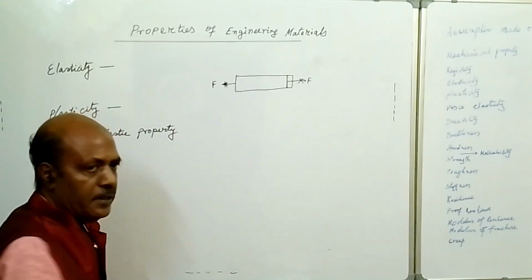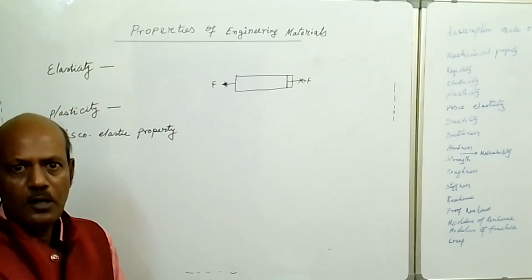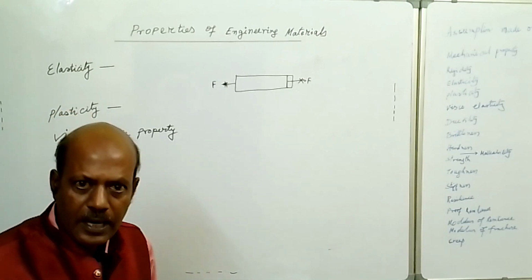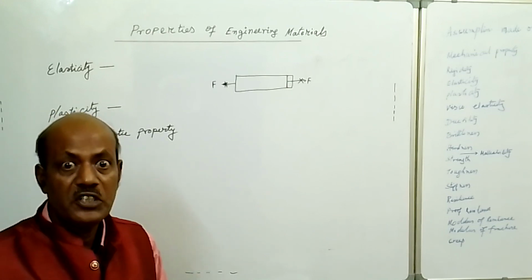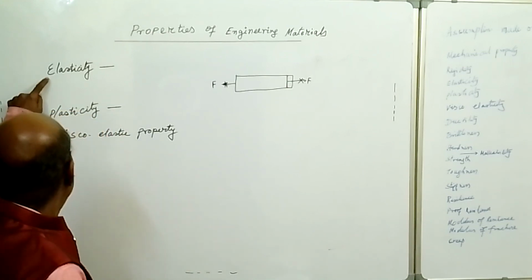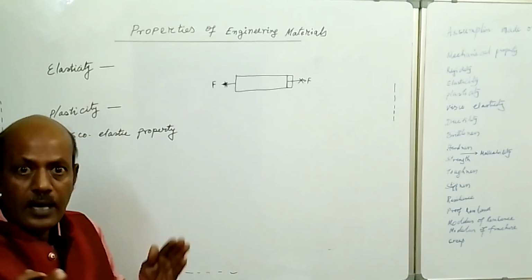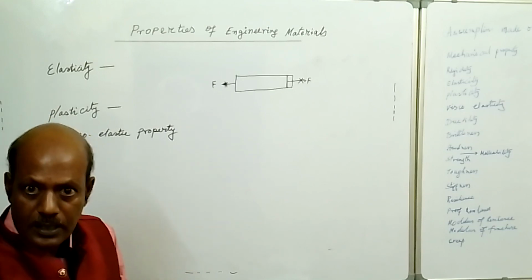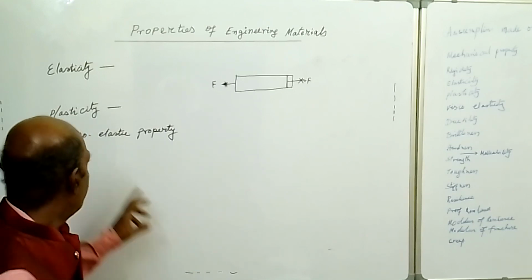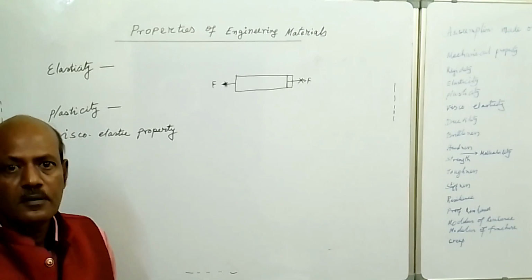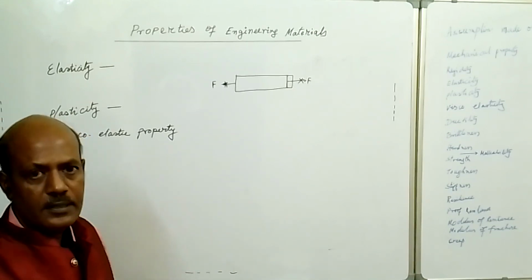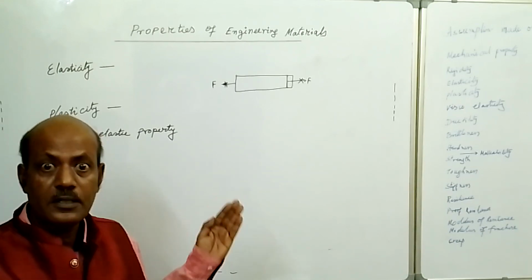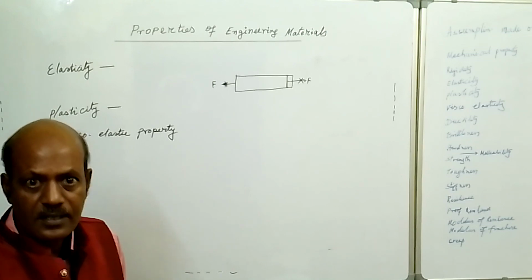So this is the property by virtue of which the body will come back to its original shape and size, but not instantly. In case of elasticity, as soon as the load is removed, the body will come back to its original shape and size. But in case of viscoelastic property, the body will not come back instantly.